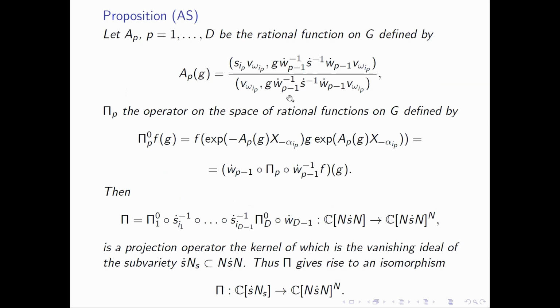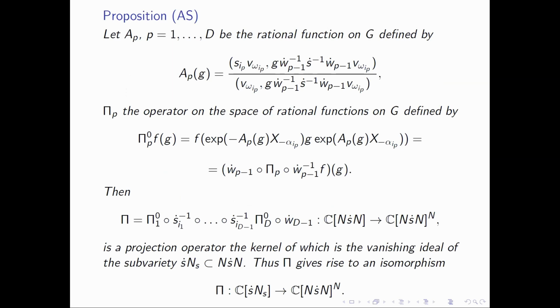So firstly, let's consider the following rational functions. A priori, they have some denominators. What I do here, I take element s minus 1, conjugate it with the element w p minus 1 to the minus 1.